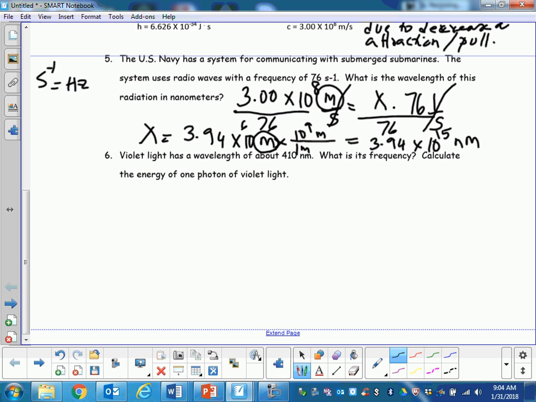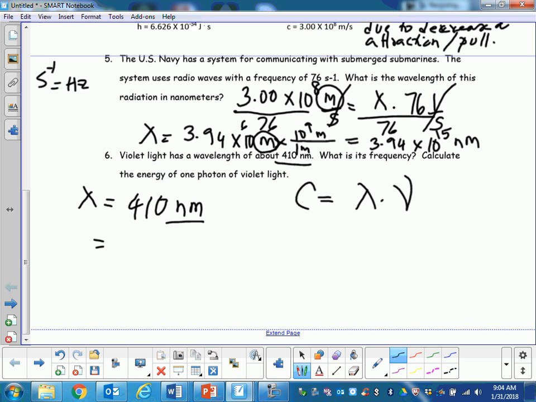For the next question, the wavelength is given in nanometers. Are you paying attention to the fact that it's in nanometers? If it's in nanometers, can you substitute it in the equation c equals lambda nu? Is it possible? So what should you convert it into?